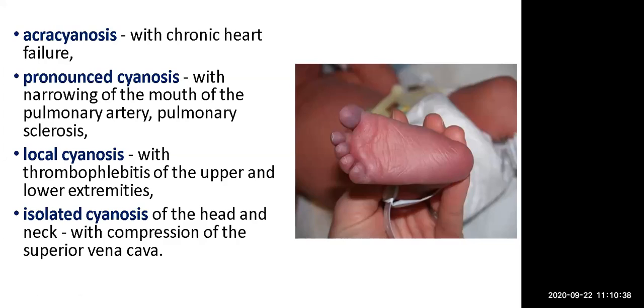Local cyanosis, I have already told you, happens in thrombophlebitis of upper or lower extremities, and you can have isolated cyanosis of the head and neck when there is compression of the superior vena cava.